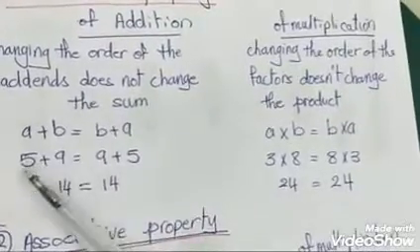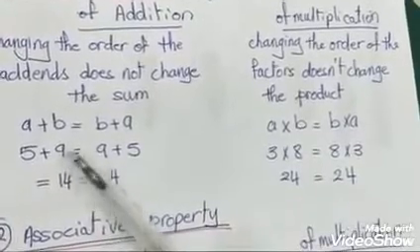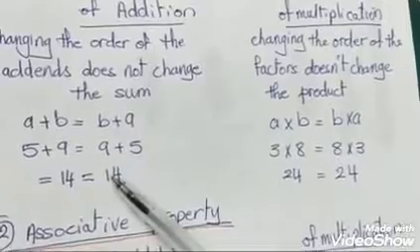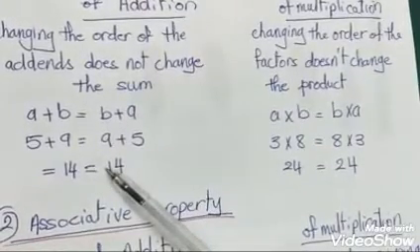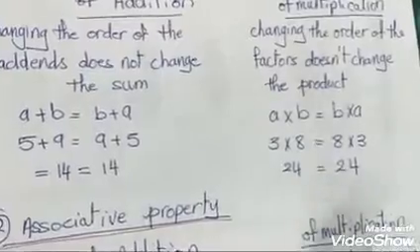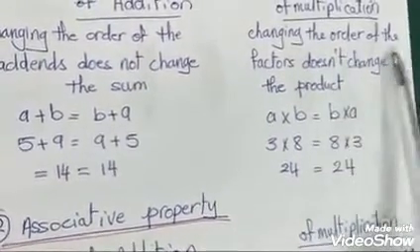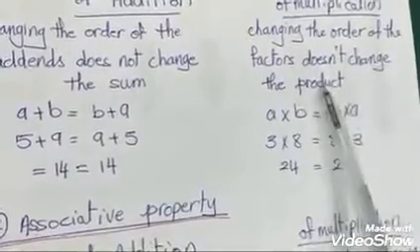It means if I say 5 plus 9 equals 14, or 9 plus 5, it will equal 14. It's the same, nothing changed. Also in multiplication, changing the order of the factors doesn't change the product.